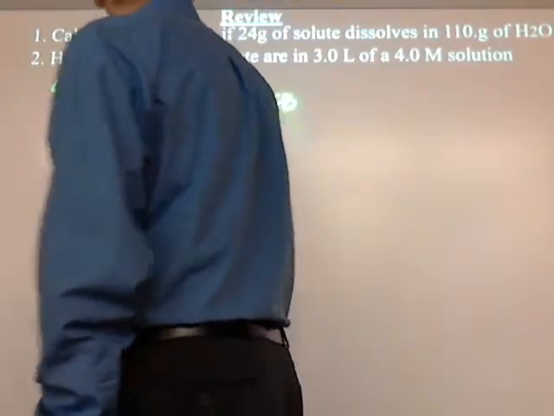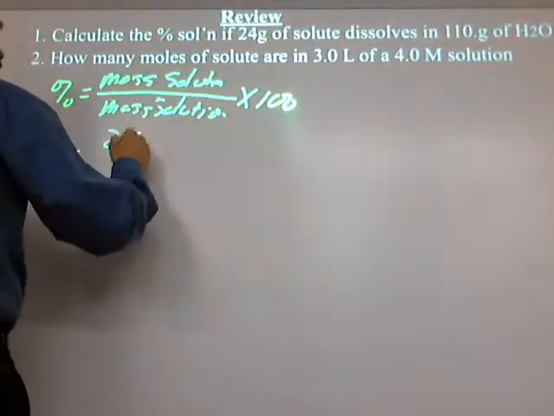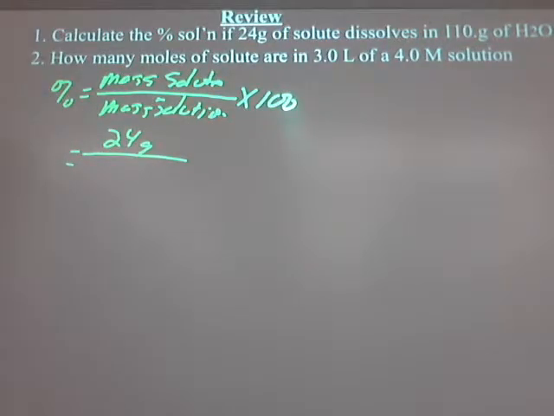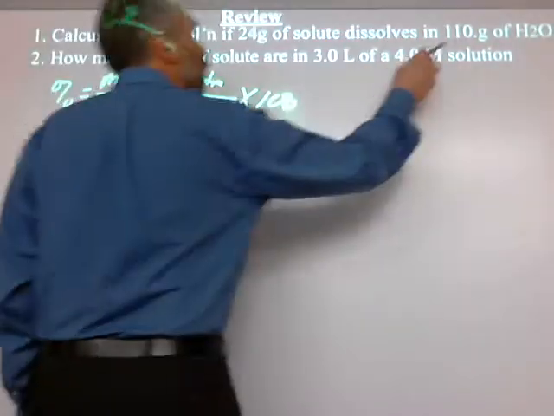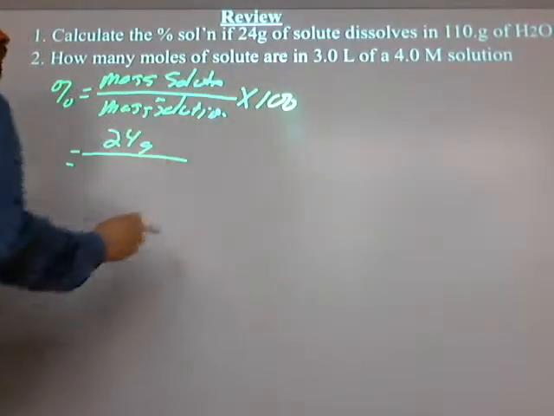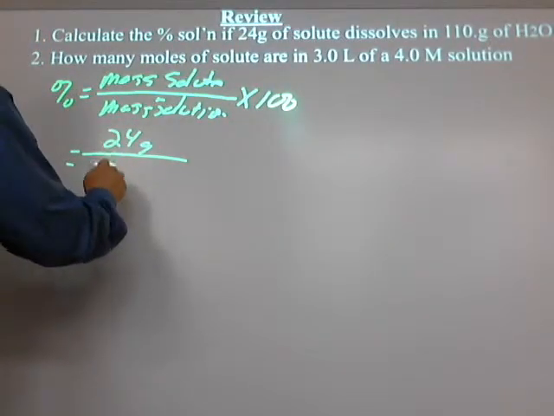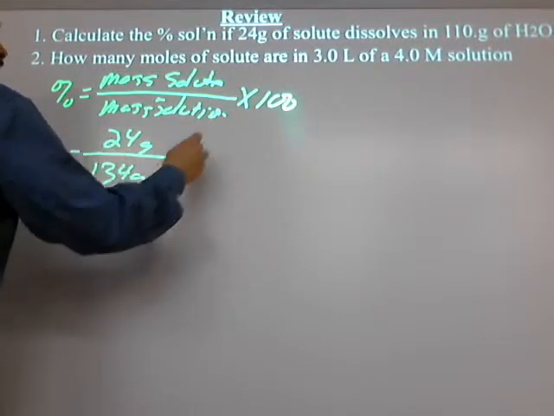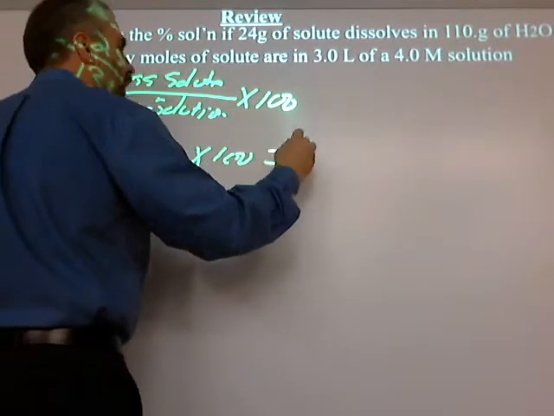So it's the mass of the solute, which is 24 grams, over the mass of the solution, which is 110, right? No, it's not. It's 110 grams of water and 24 grams of solute. So 134 grams, times 100. What'd you get for that?